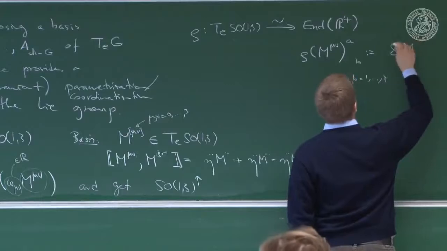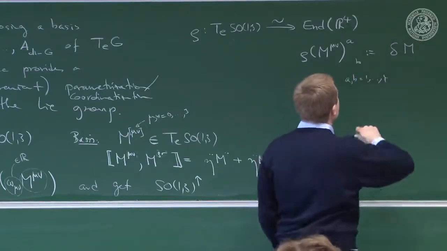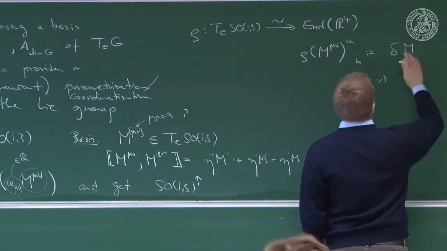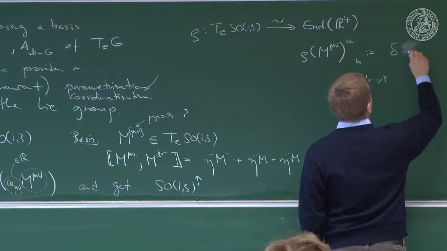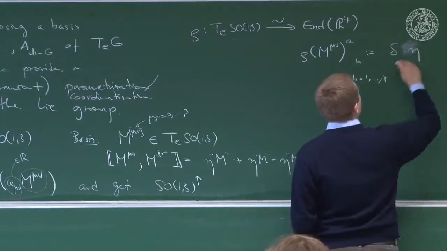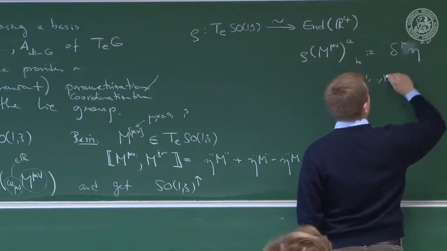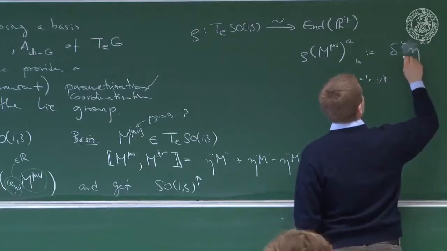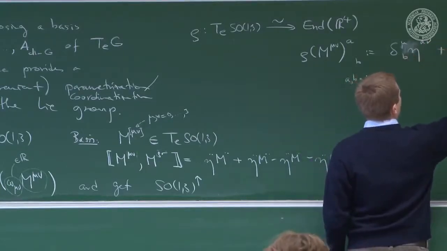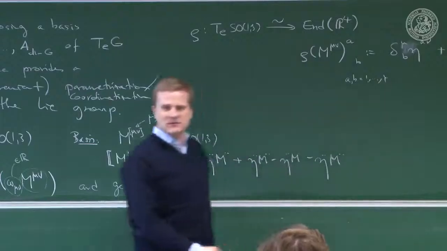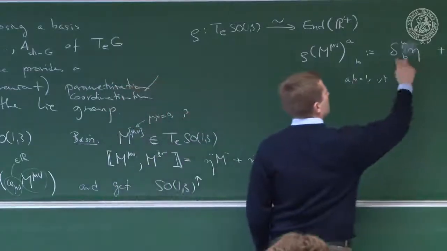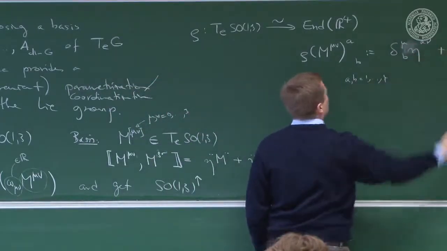Okay, so how does that have to look? No, delta M, of course. Delta eta, aha. Is delta eta, say, mu A, mu B, and then there's again pluses and minuses of similar terms. Okay, and that's the vector representation. This is now just certain matrices.